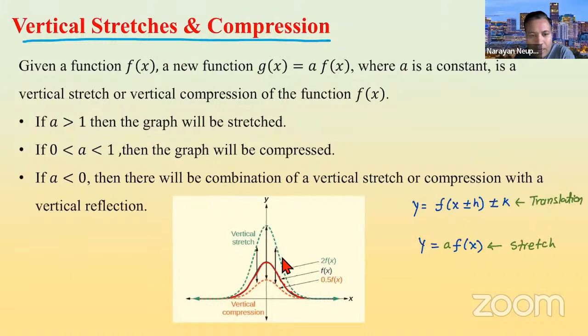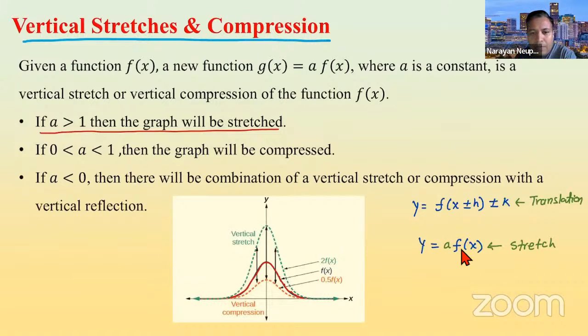Then this graph in green is the vertical stretch. Because we multiply by 2, the graph becomes taller. The graph is stretched vertically along the y-axis, which happens when we multiply a given function by a, where a is greater than 1. So that is our first condition. When a is greater than 1, the graph will be vertically stretched.